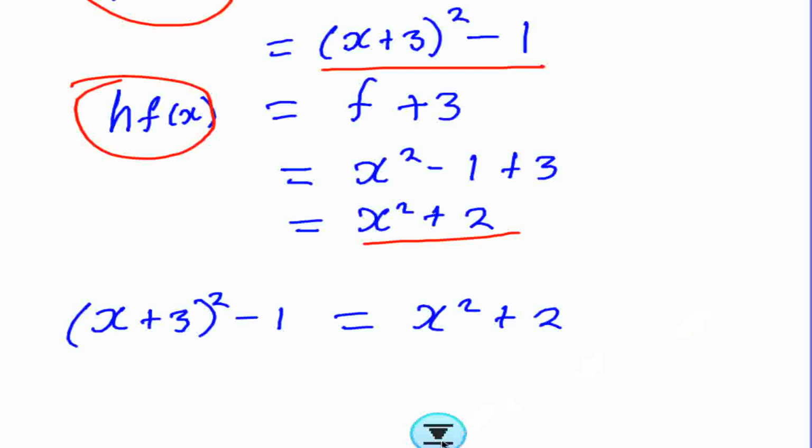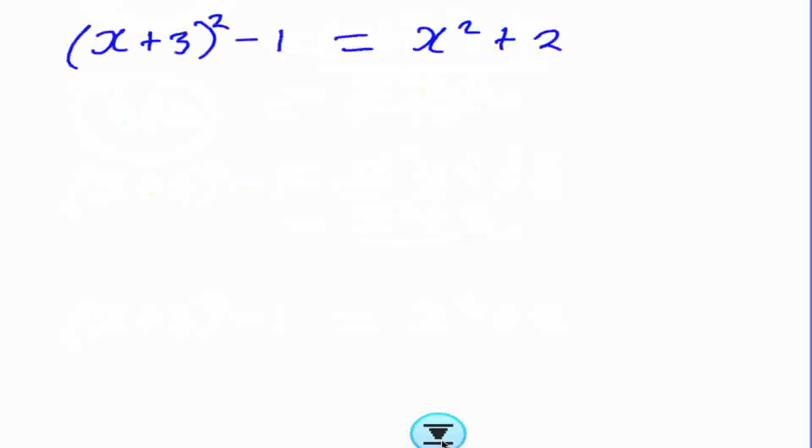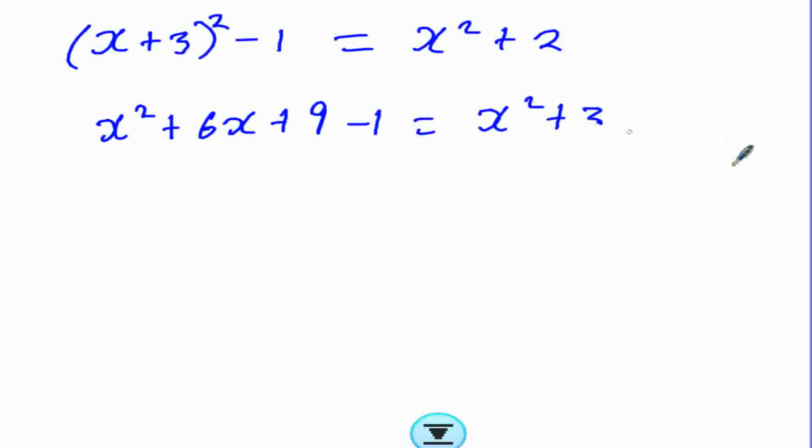Now we are going to solve this equation to find the value of x. Expand this first. This is a perfect square, so we can use the shortcut of x squared plus 6x plus 9. And then minus 1 is equal to x squared plus 2.